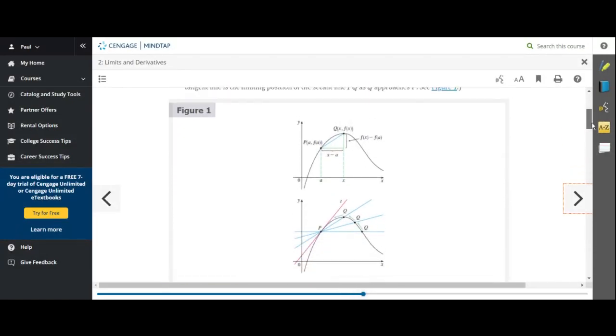And what they're doing in the second graph of figure 1 is they're saying, what if we were to move the point Q closer to the point P?